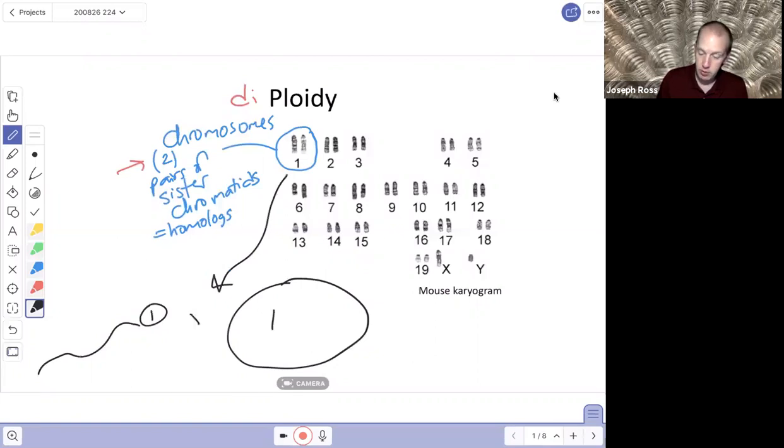And when the 2 meet and fuse to form the diploid embryo, then there are 2 copies of that chromosome. So the gametes are haploid. They have half as many homologs as the diploid embryo.